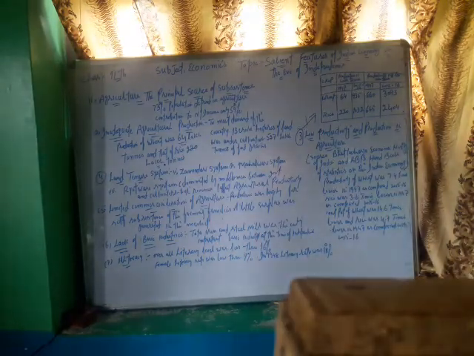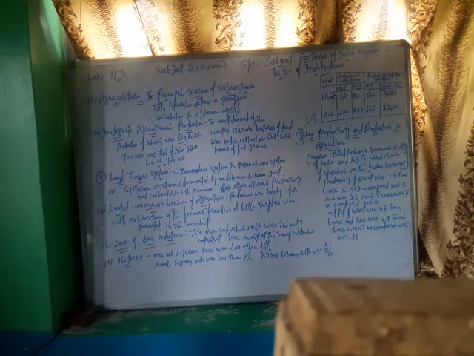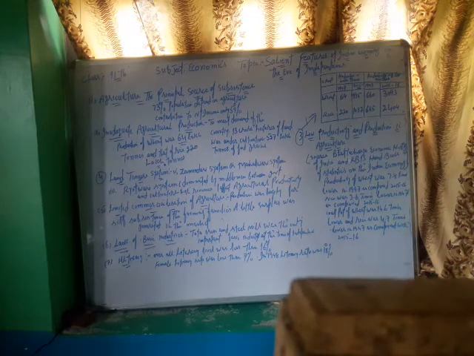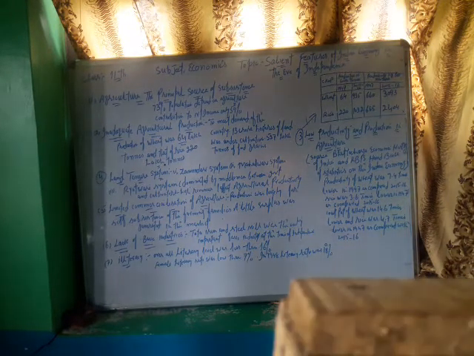Let's come to the fourth point, which is land tenure system. There were three revenue systems at that time. Number one was Zamindari system, second Mahalwari system, third Ryotwari system. These systems were dominated by middlemen between government and cultivators.